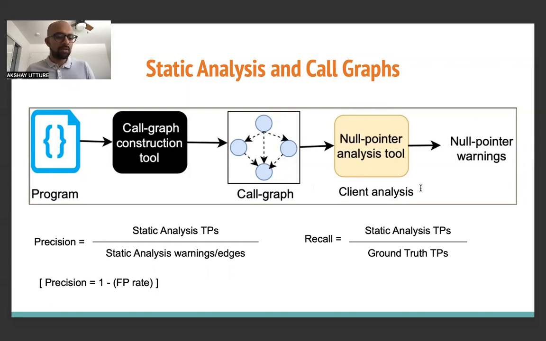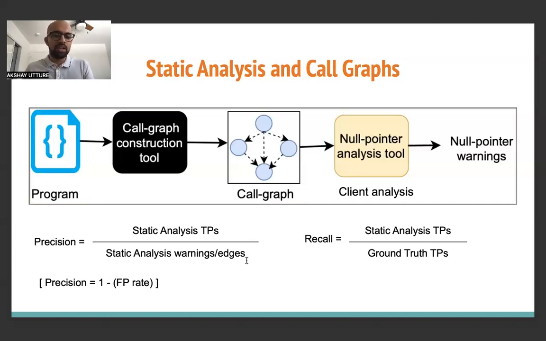The precision definition is: out of the static analysis warnings or edges, how many of them were true positives. It can also be thought of as 1 minus the false positive rate. The recall is defined as: out of the ground truth positives, how many did the static analysis catch?